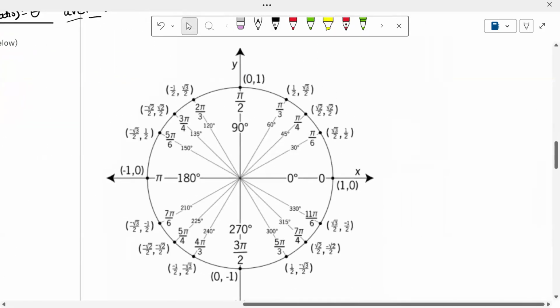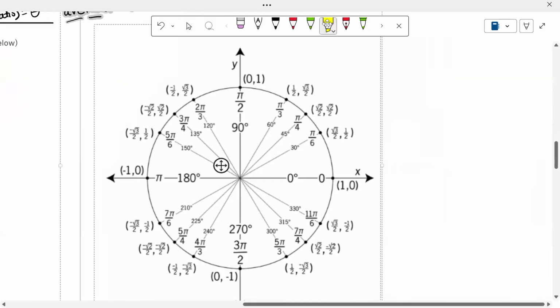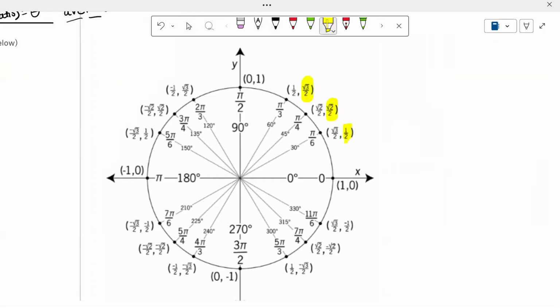If we focus on just the sine values, +1/2, +√2/2, +√3/2, +1, when I do arc sine of root 3 over 2, I have to answer pi over 3, not 2 pi over 3. It has to map back to only one angle.